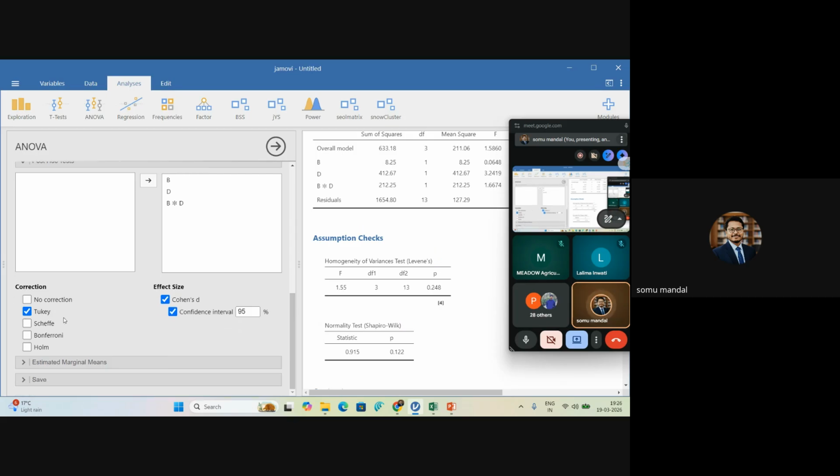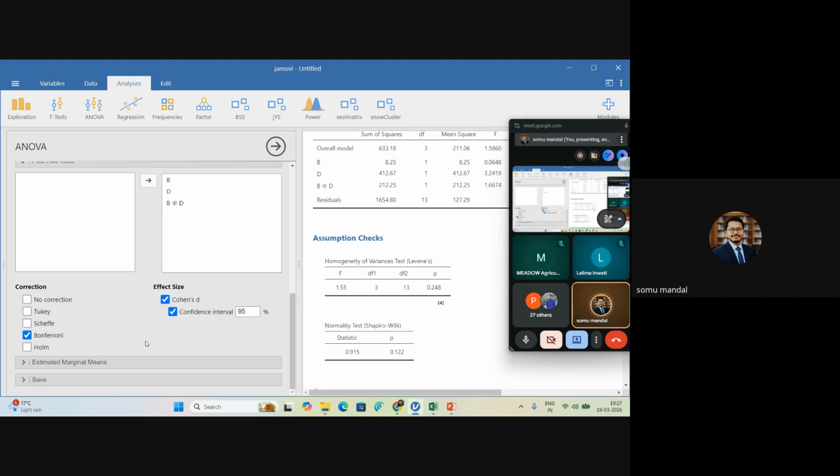So in case of Tukey test, it is possible for equal variance. While there is no equal variance, then you click on the Bonferroni test also. It is your job. You have to find out the Tukey test, Scheffé test, the Bonferroni test, Holm test. What is the assumption? Don't go through any kind of statistical book.